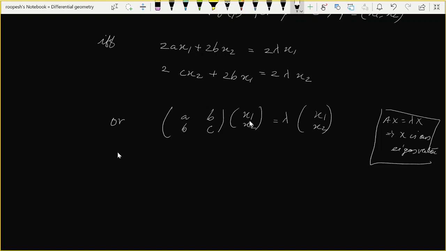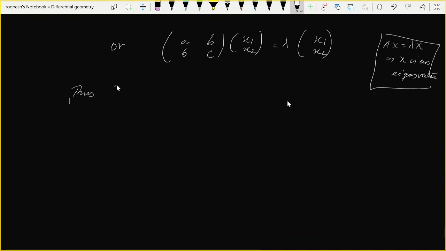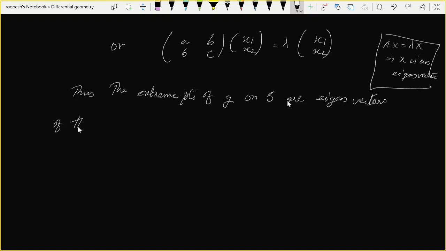Thus the extreme points of G on S are eigenvectors of the symmetric matrix, what is that?